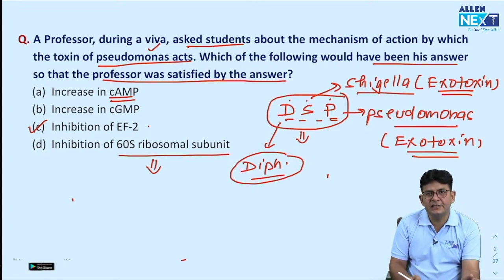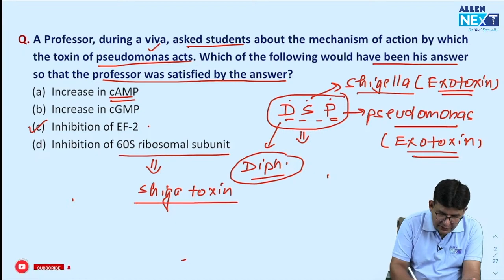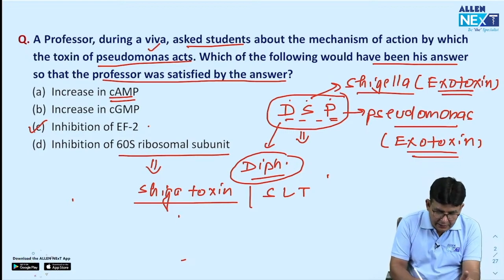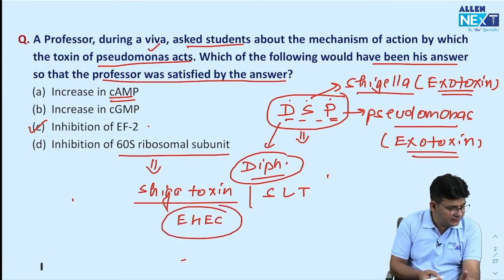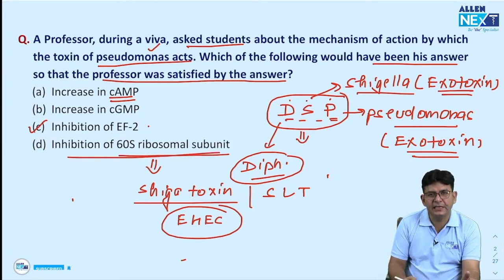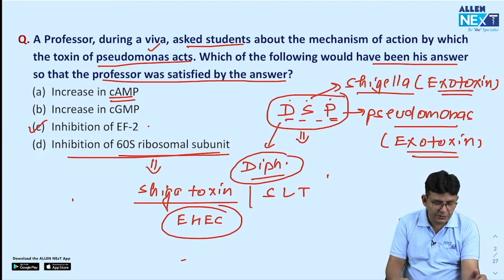Inhibition of the 60S ribosomal subunit is done by the Shiga toxin, or Shiga-like toxin. Shiga toxin is secreted by Shigella, and along with that by EHEC O157:H7. This also acts through inhibition of the 60S ribosomal subunit. So the answer to this question is C.